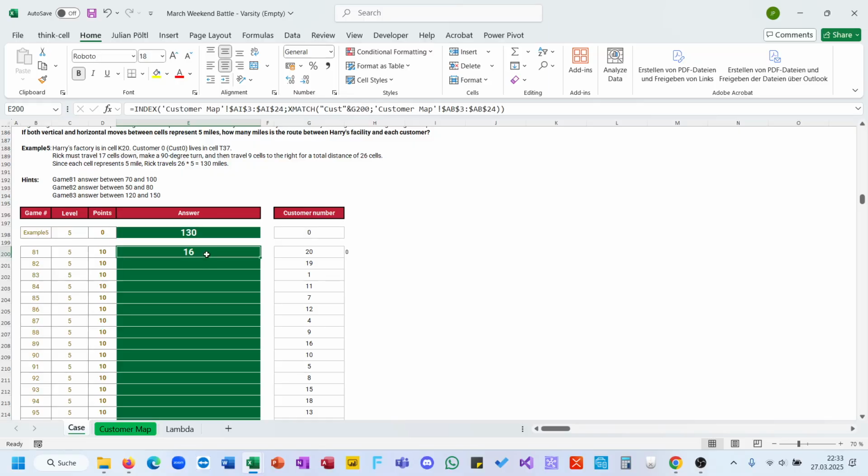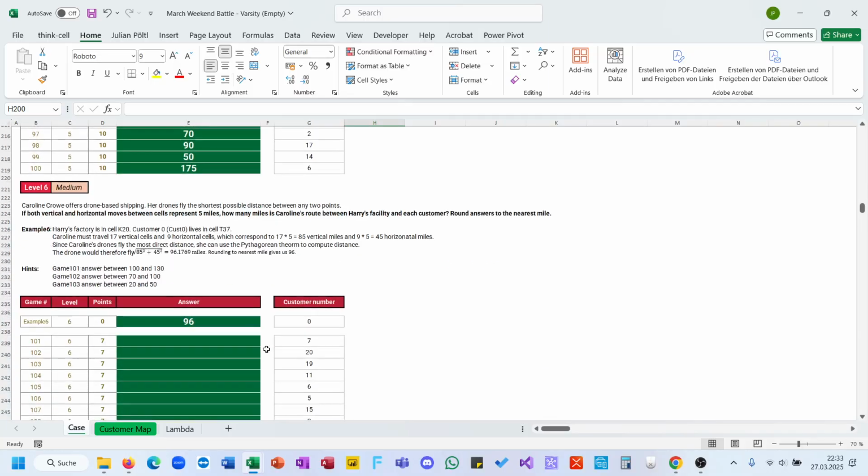So okay, now it has worked magically. Times 5 is in the boundaries, in the boundaries, in the boundaries. Okay, it has worked somehow.